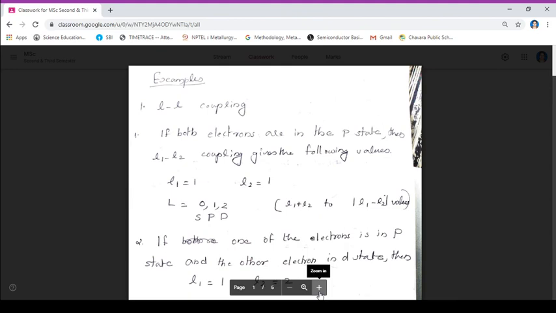There are two methods. One is known as the LS coupling scheme or Russell-Saunders coupling scheme, and the other is known as the JJ coupling scheme. Usually the LS coupling scheme applies to lighter atoms and the JJ coupling scheme applies to heavier atoms.